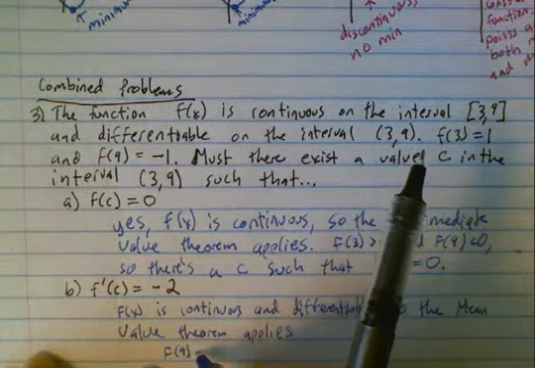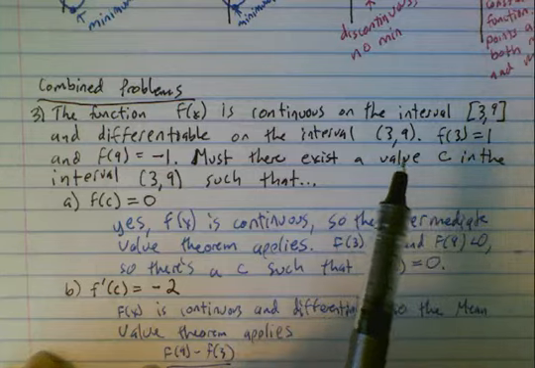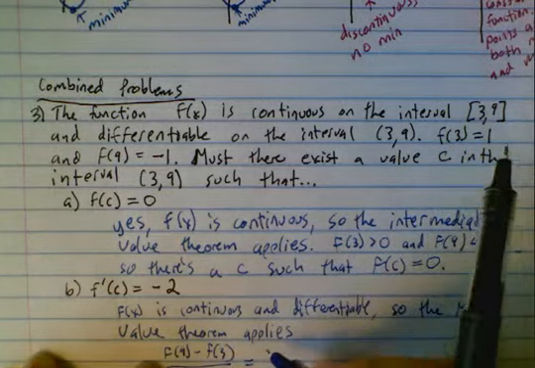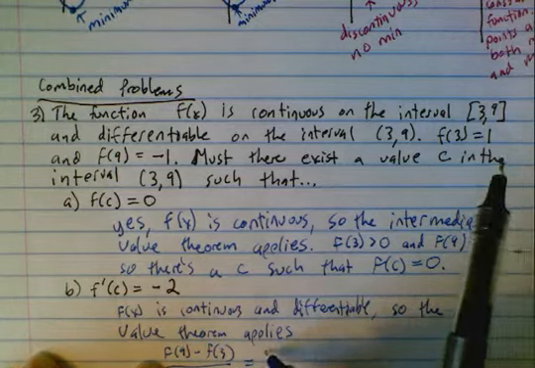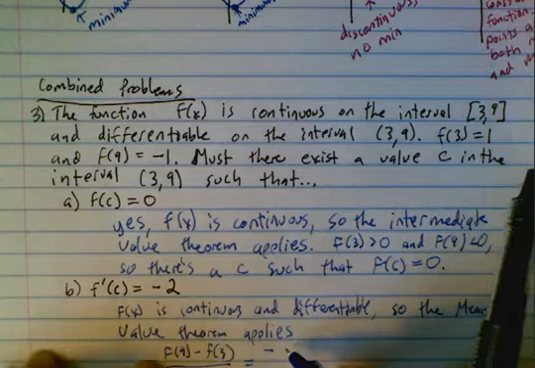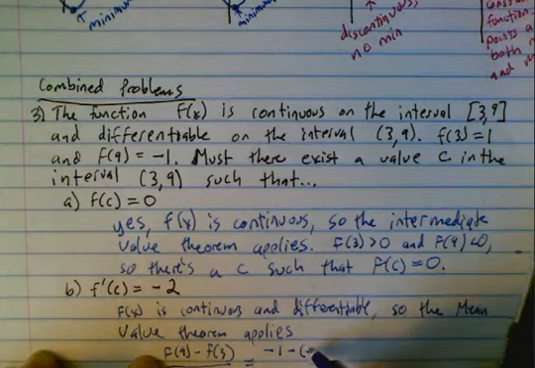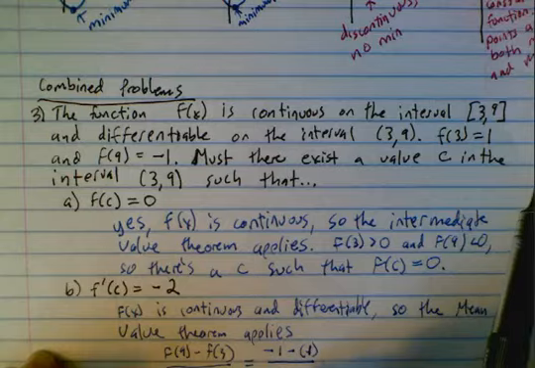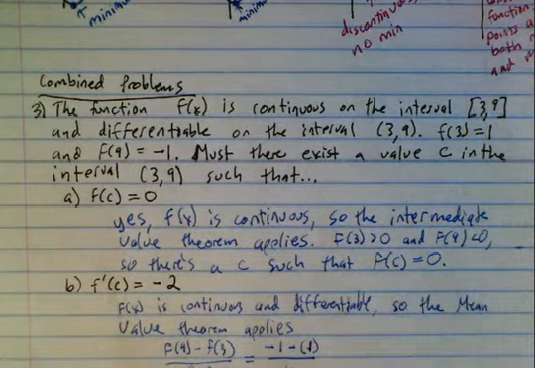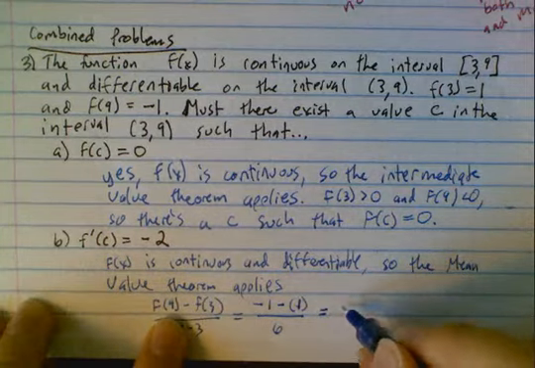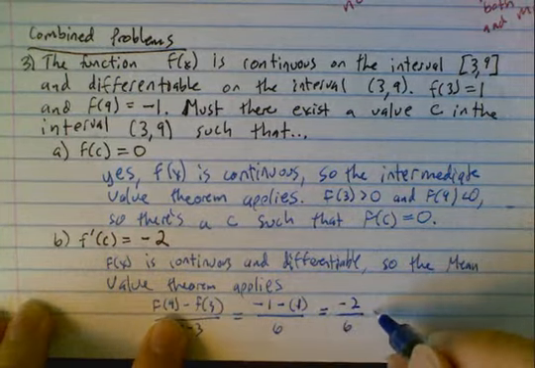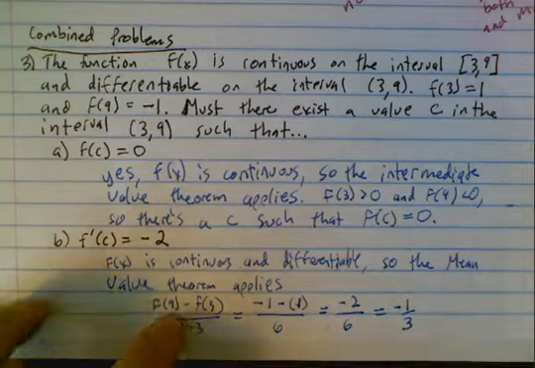F of 9 minus f of 3 over 9 minus 3, that equals -1 minus +1 divided by 6 equals -2 divided by 6 equals -1/3.